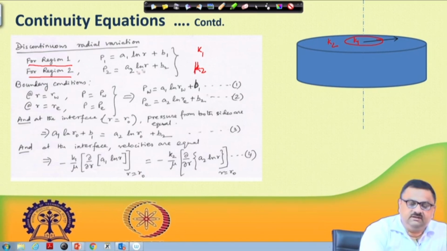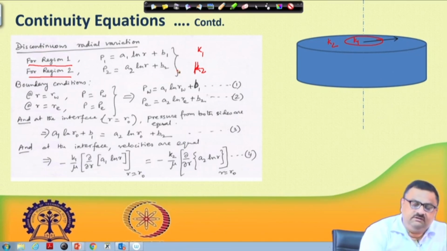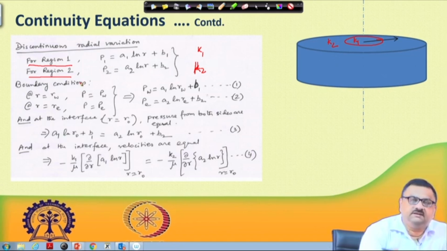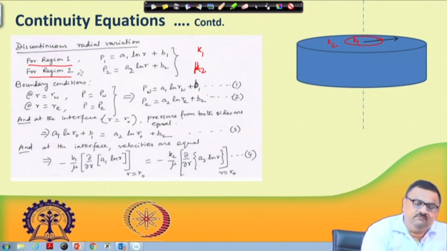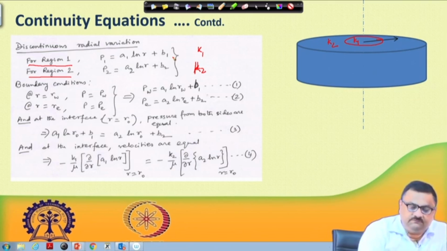The constants are different, but if you solve the Laplace equation, grad square P equal to 0, you will end up with this form: P equal to some constant multiplied by ln R plus some other constant. So these two solutions apply to P1 and P2 for the two regions.